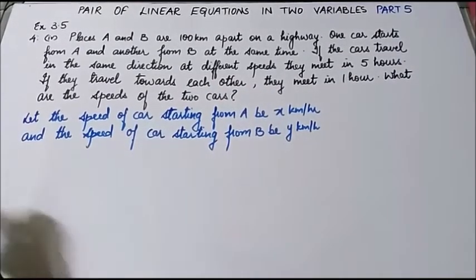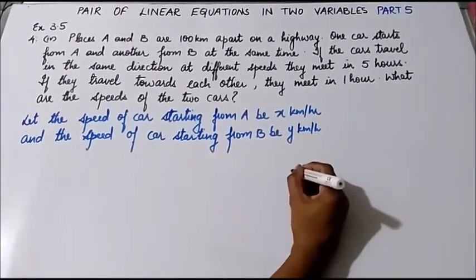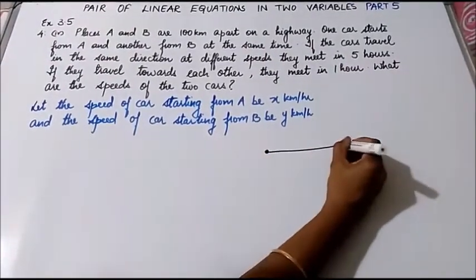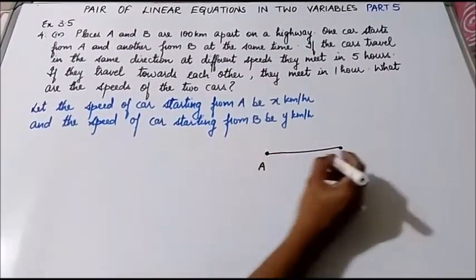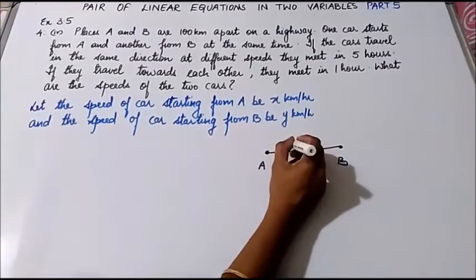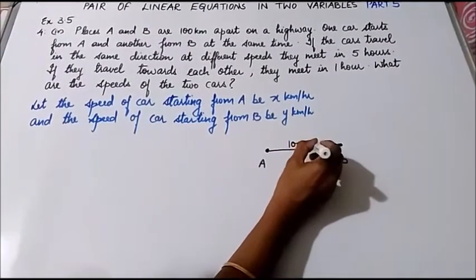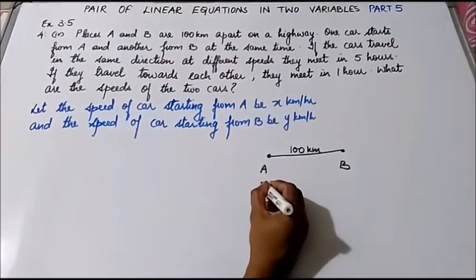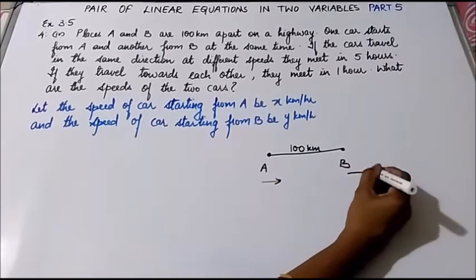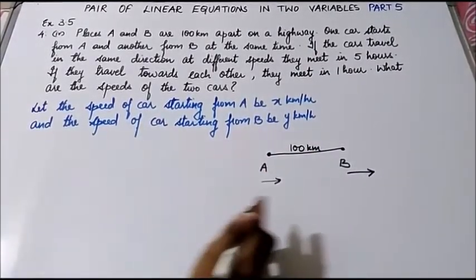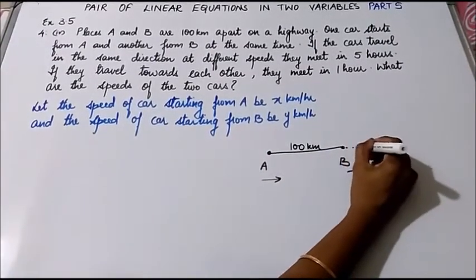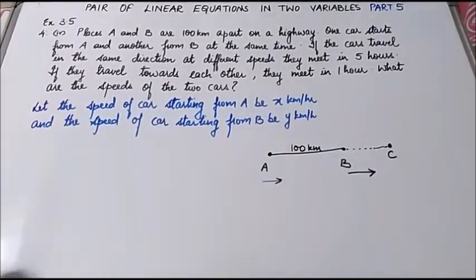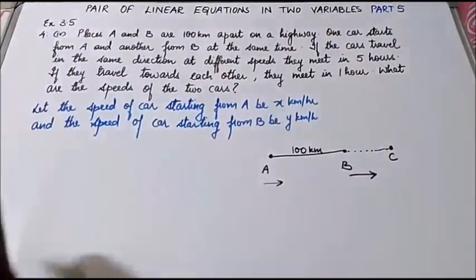Okay, now what's given to us? We have been given two places, A and B, and they are 100 kilometers apart. Now it is given that if the cars travel in the same direction, they will meet at the point C after 5 hours.